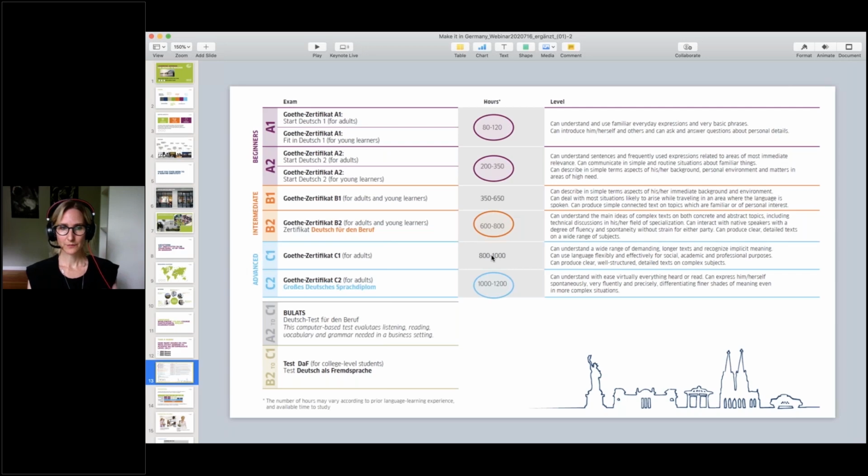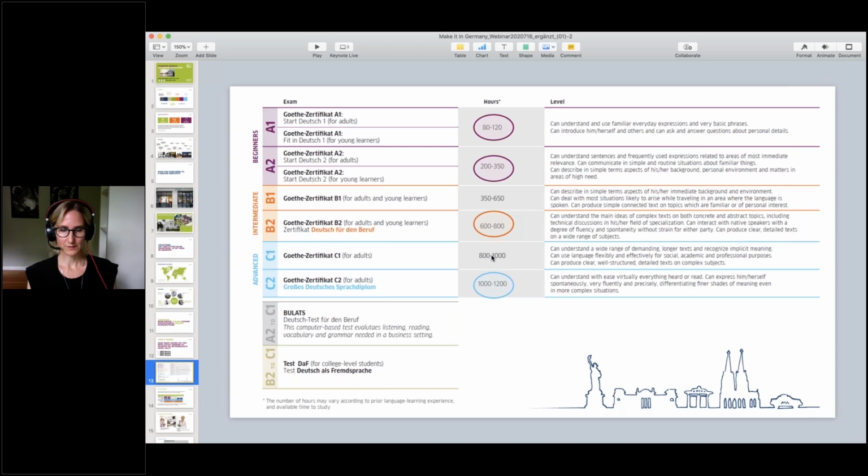So often people have not a clear idea of how many hours it takes to achieve a certain level. And this is obviously just a rough idea, but it will give you a good number to plan with if you are thinking of moving to Germany. Then those workloads are probably a good way of planning forward.